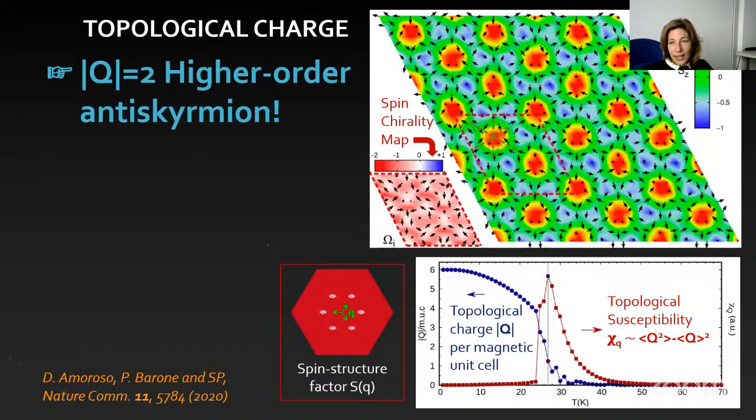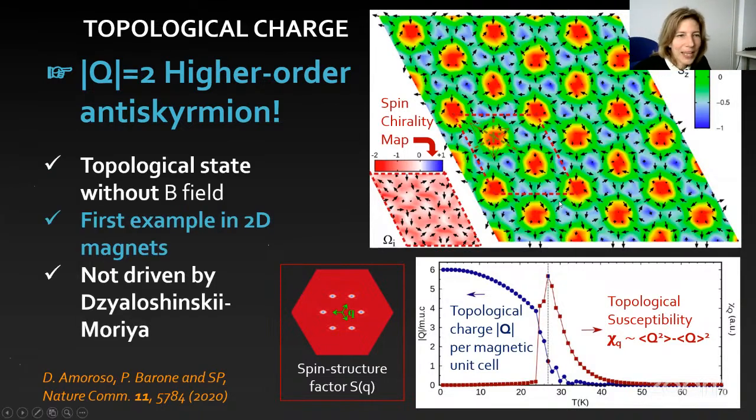And so we tried to evaluate the topological charge of this, and discovered that these are anti-skyrmions of higher order, not Q equal 1, but Q equal 2. And so you can take the topological charge as an order parameter. And again, the ordering temperature here is pretty small, again 20, 30 Kelvin.